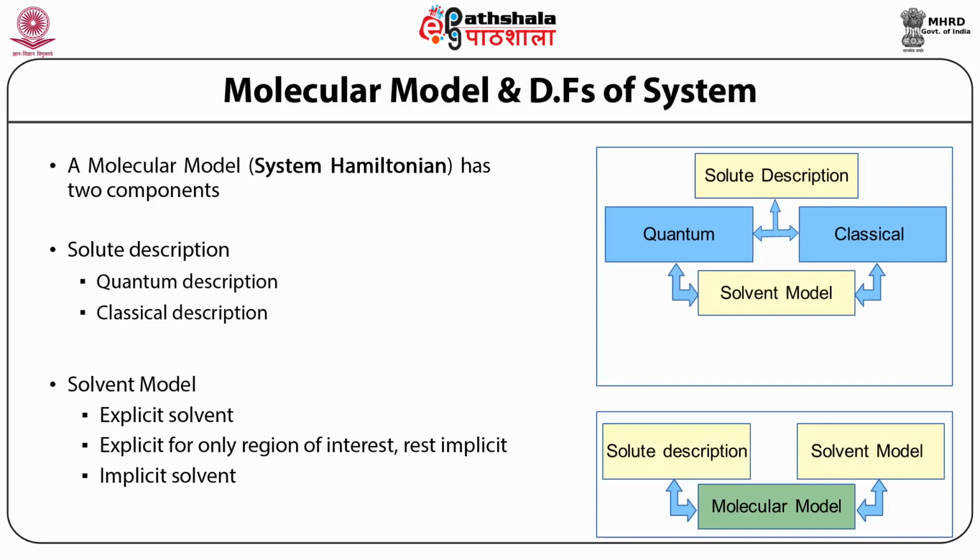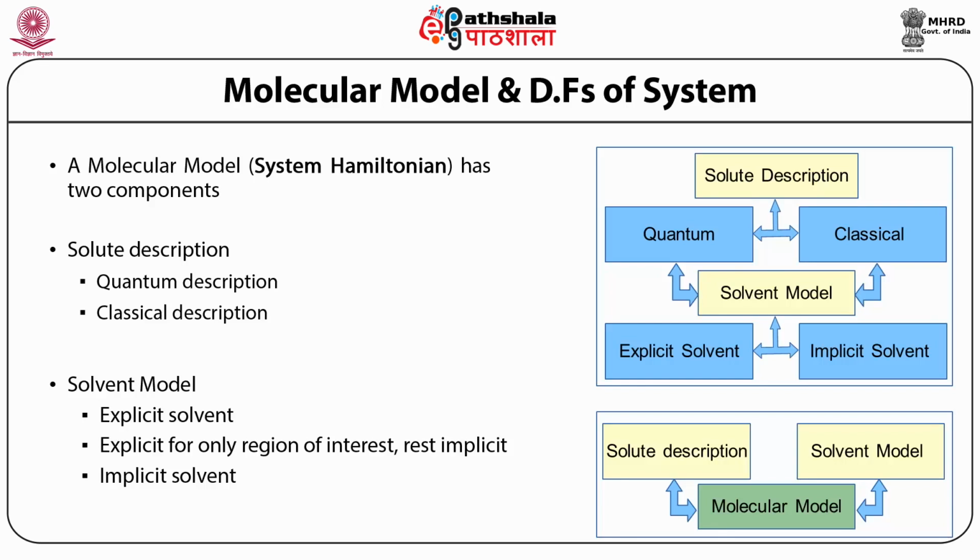But the solvent model can be explicit solvent or implicit solvent. Hence, we generally use both depending on how good an explanation we would like to see. Ultimately our model should have a solute description and a solvent description. However, these will be intermingled.